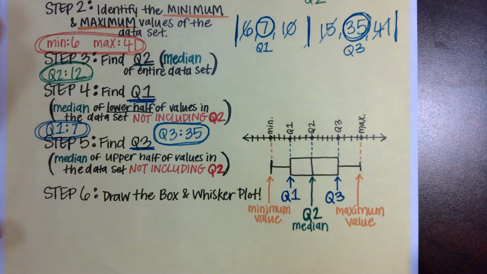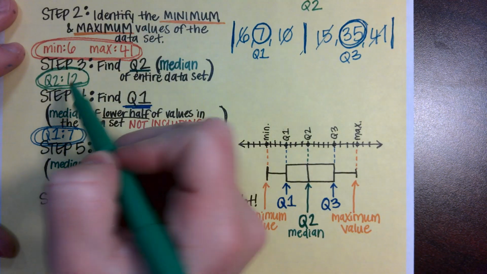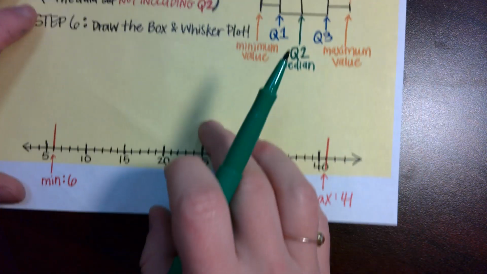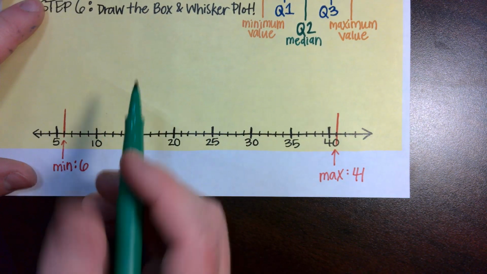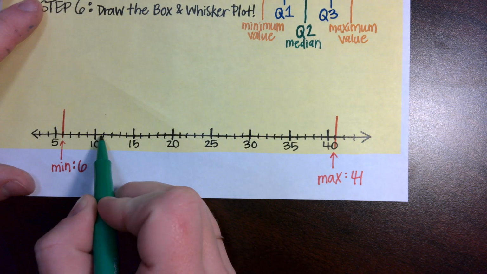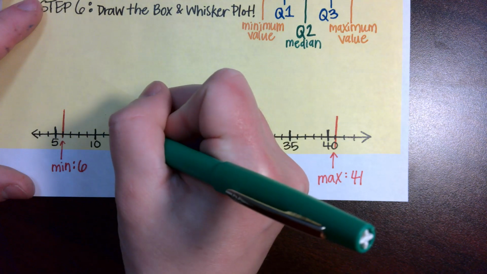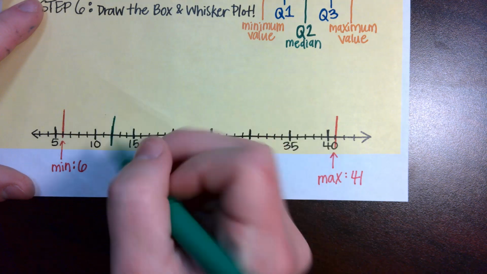So what's our Q2? 12. So let's find 12 on here. I've got 10, 11, 12 right there. This is where Q2 goes.